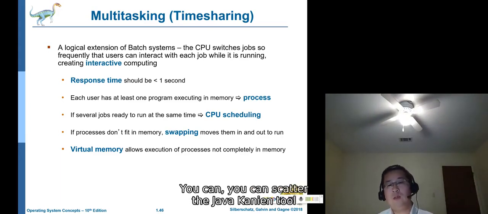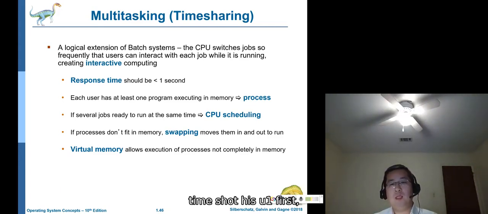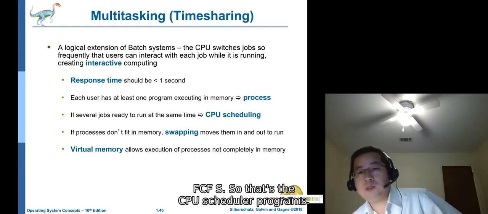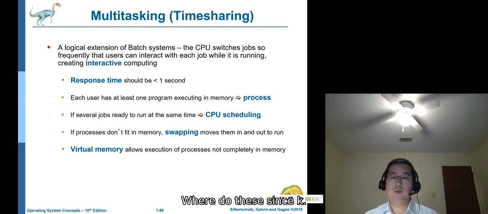You can schedule the job according to, for example, the remaining running time, shortest one first, or the priority, highest priority first, or you can just use a time frame, where each one only runs for a time frame. Or first come first served, FCFS. So that's what the CPU scheduler programs will do.